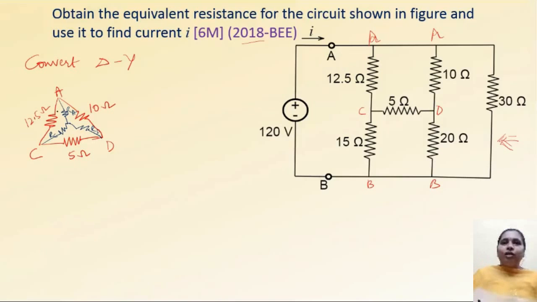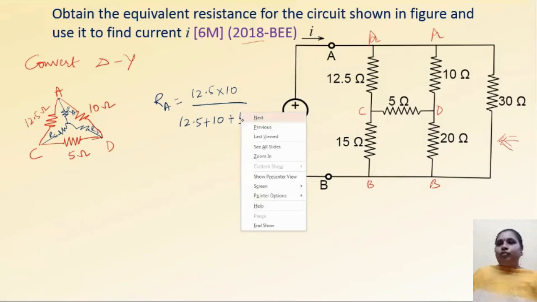Right. So how to convert delta to star? RA is equal to, what are the resistors connected to these 2 points? That is 12.5 into 10 divided by the summation of all, 12.5 plus 10 plus 5.